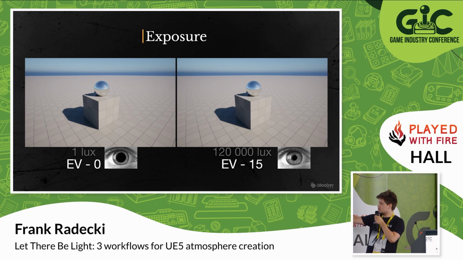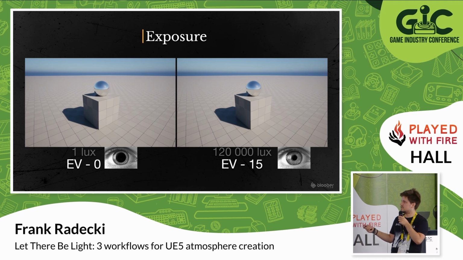You can see on those two images, the light values are absolutely different. 120,000 lux is what the sun lights up the Earth with. If you want to put the physical value for the sun, that's the value you'll use. But one lux is even darker than your phone screen.